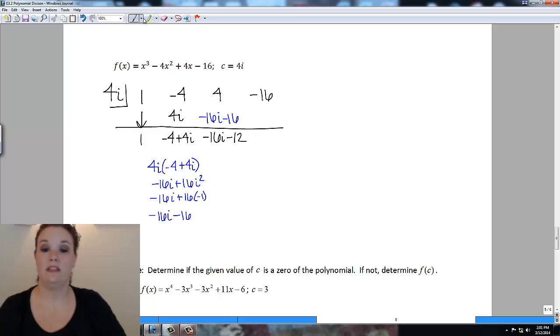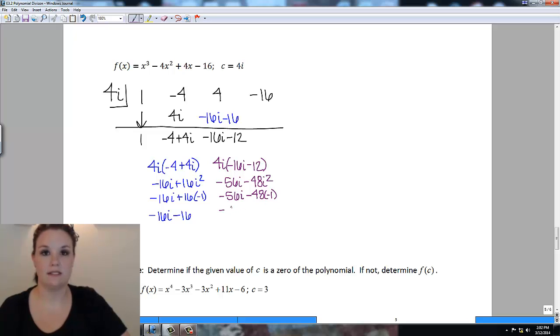Excuse me. And then I'm going to distribute my 4i to that. I'm going to use a different color. So I have 4i from my box times -16i minus 12. When I distribute, I get -56i minus 48i squared. Okay? So I have -56i minus 48 times -1, because that's what i squared equals.